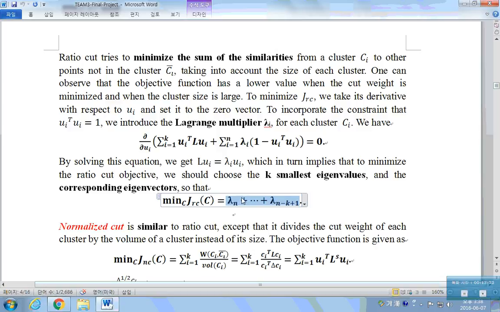Since we have to find the k smallest eigenvalues and the corresponding eigenvectors, we consider these eigenvectors as a new dataset. For this new data, we use something like k-means clustering to cluster them. Then for the original data, we can easily find the clustering.